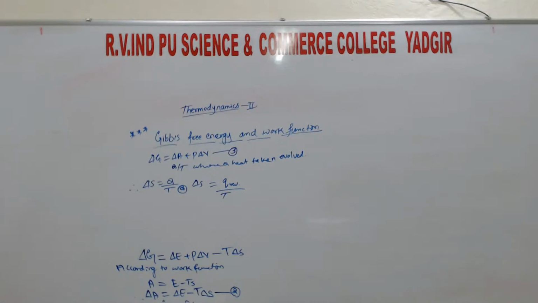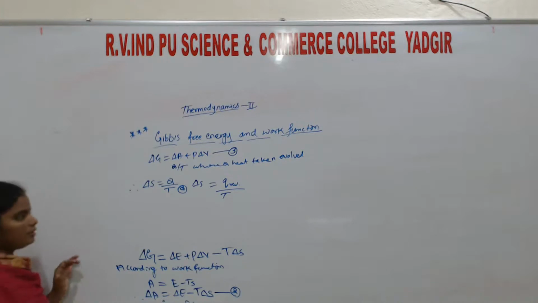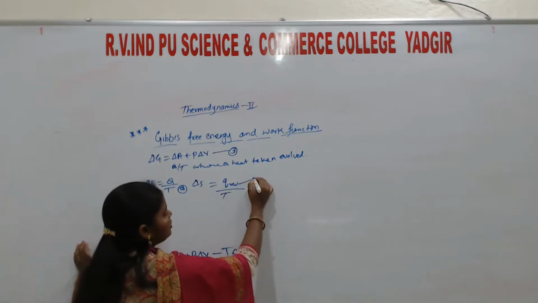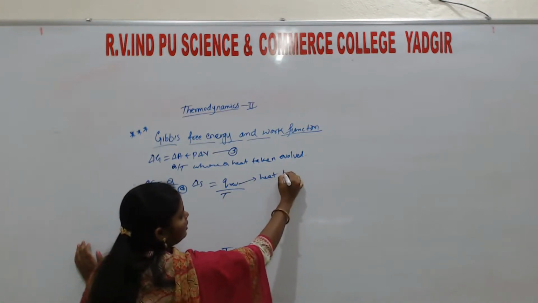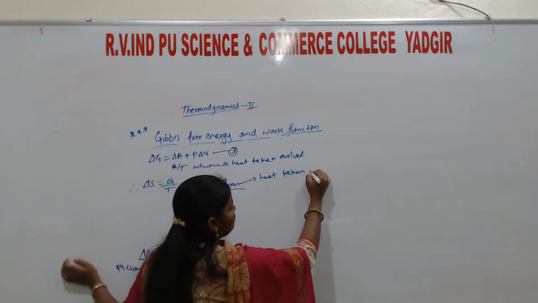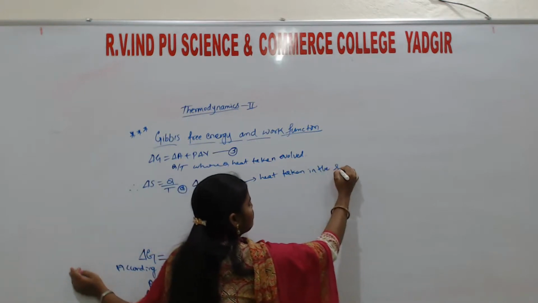Here Q reversible is the heat taken in the system.